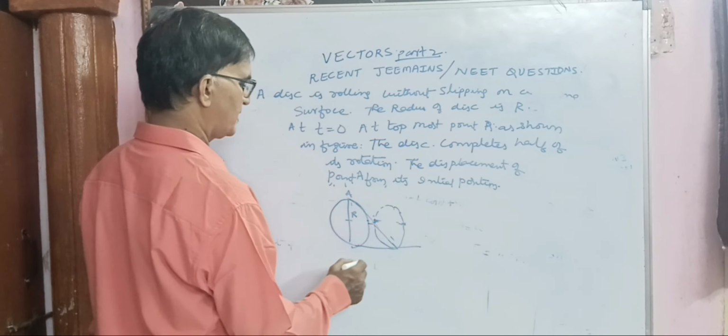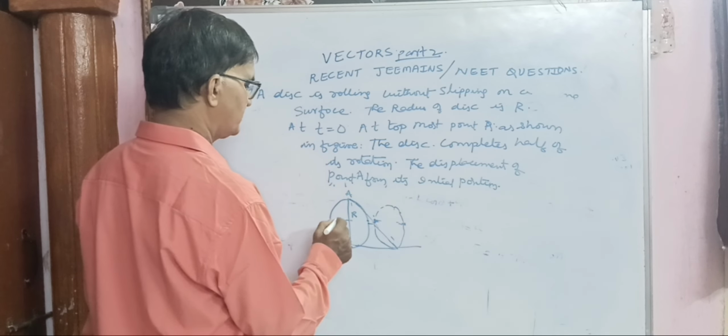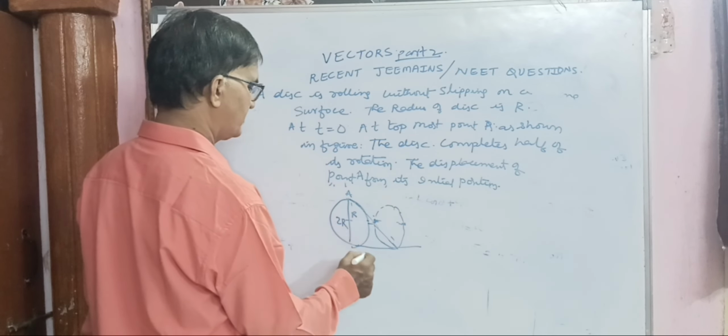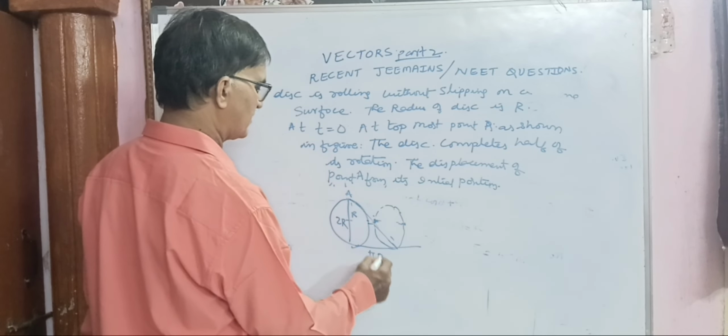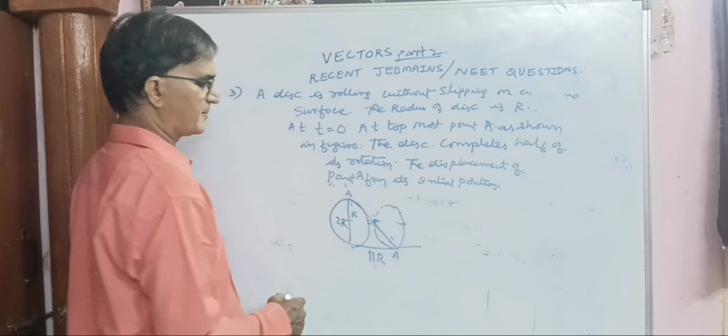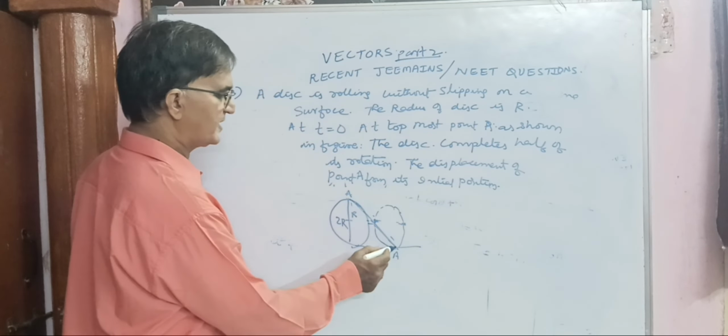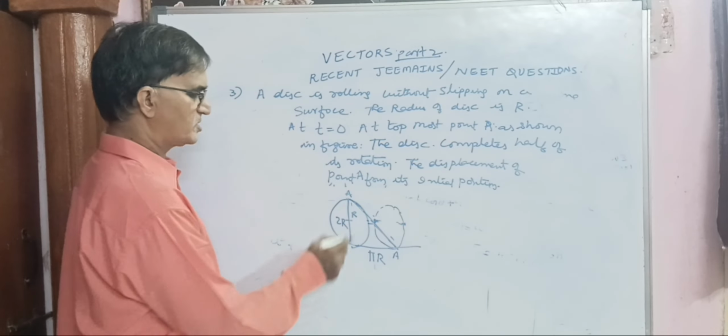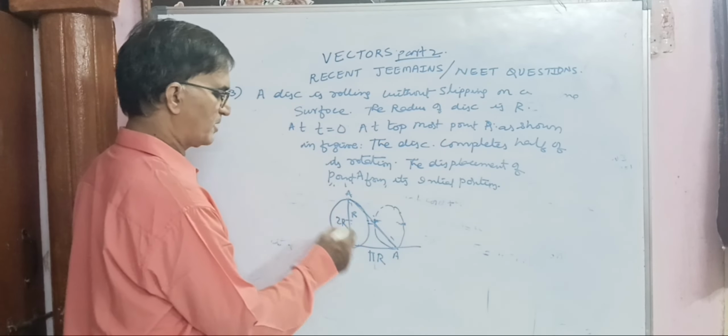Semicircle means how much here? The vertical displacement will be 2r here. The total circle will be 2 pi r, no? The semicircle will be how much? Pi r. So this will be the horizontal displacement. Both are perpendicular here.